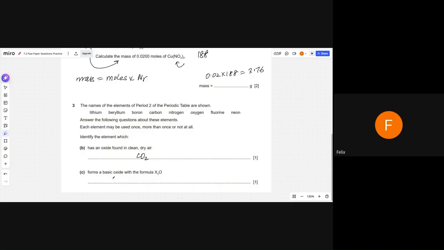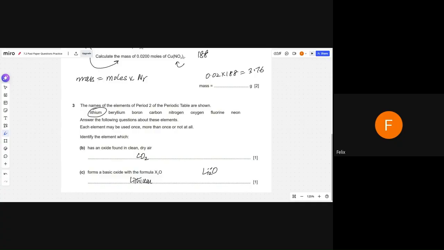Forms a basic oxide with the formula X2O. Here you can see that lithium will form it. Lithium is a metal, and let me explain why it will have a formula of Li2O.